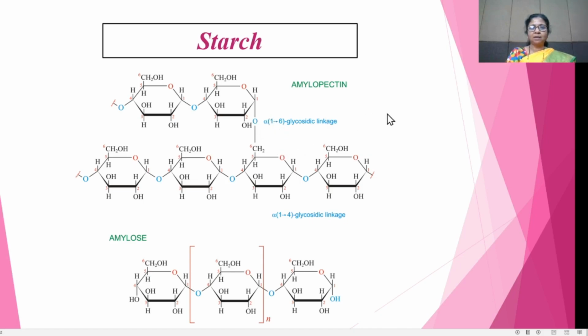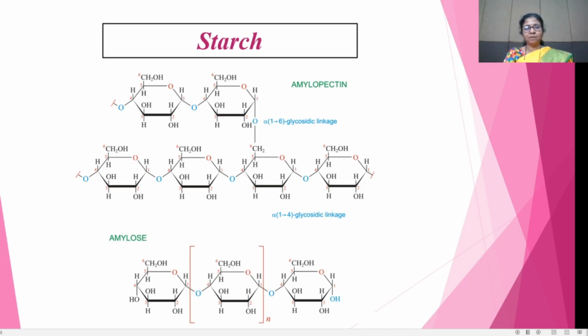In this way, we know the Haworth projection structures for sucrose, maltose, lactose, cellulose, and starch. In these structures, we understand which linkage is present and which molecules are used for the formation of the glycosidic linkage or the formation of the disaccharides.